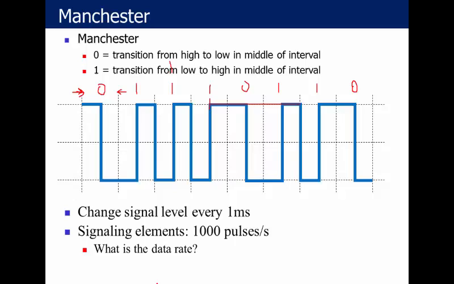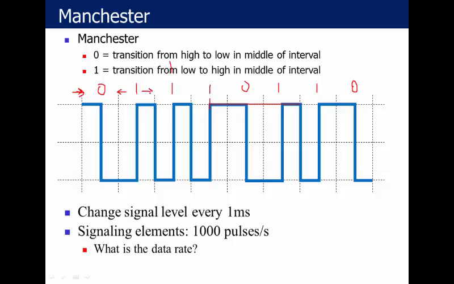It is always either from high to low or from low to high. So the question is, you have 1 because it's high voltage, and another 1 because it's high voltage, and one because we have a low to high. From low to high, that means one.